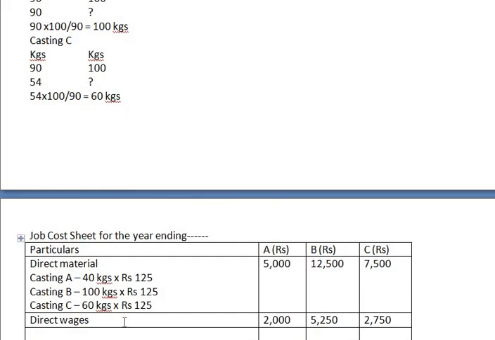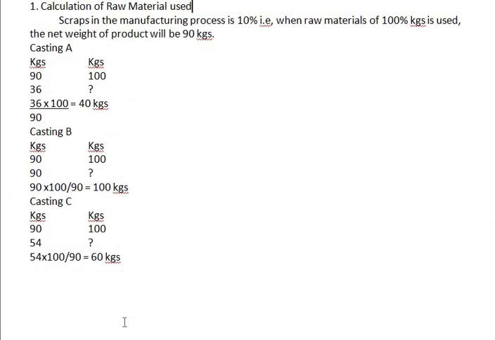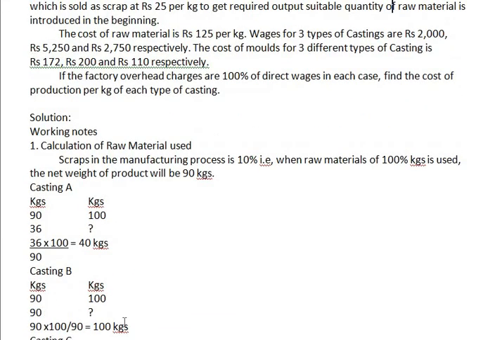Okay. Now next, cost of malts is given. So cost of malts is nothing but direct expenses. Here they have given in the second paragraph: the cost of malts for three different types of casting is rupees 172, 200 and 110 respectively, as the cost of malts will be incurred directly.